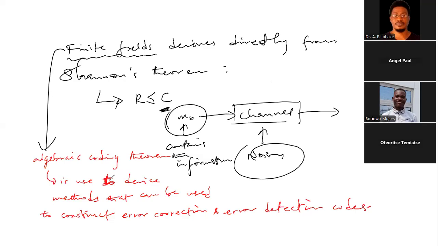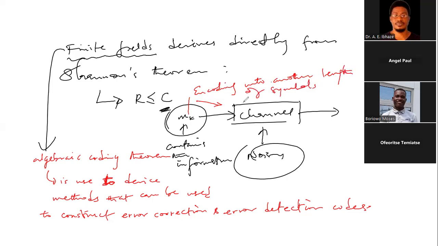And we know we have linear codes, convolutional codes, turbo codes, and the likes. But the bottom line is this message symbol cannot be transmitted the way it is over this channel without first encoding it into another length of symbols.